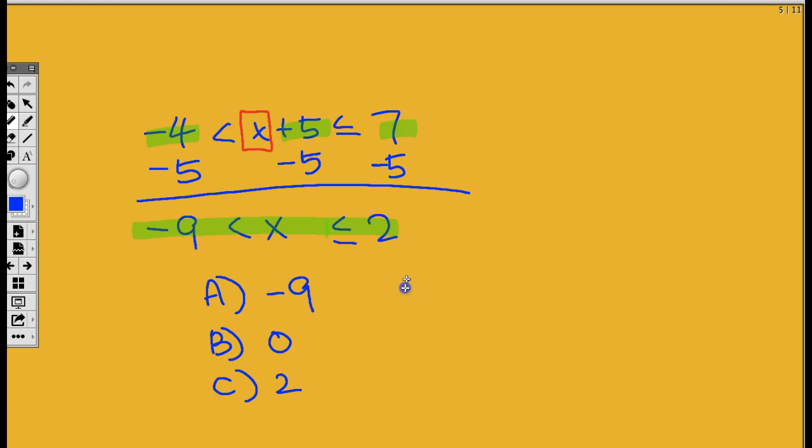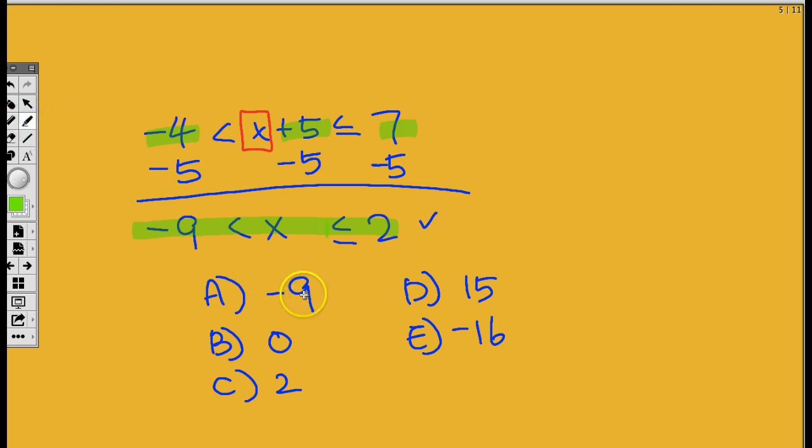What about 2? What about 15? What about -16? So then they would ask you, what is the correct solution? And when you solve it, this is what you get. But because this is a multiple choice test, you're going to have to select from A, B, C, D, or E. So then why don't you tell me, what is the correct answer for this problem right here, guys?